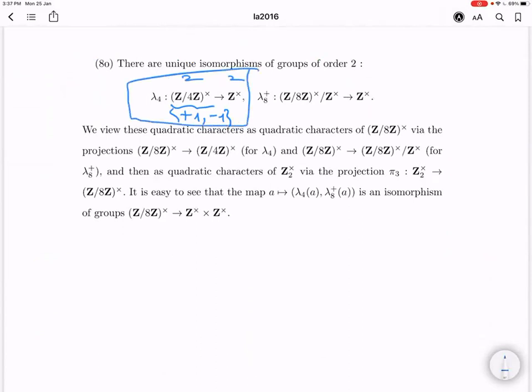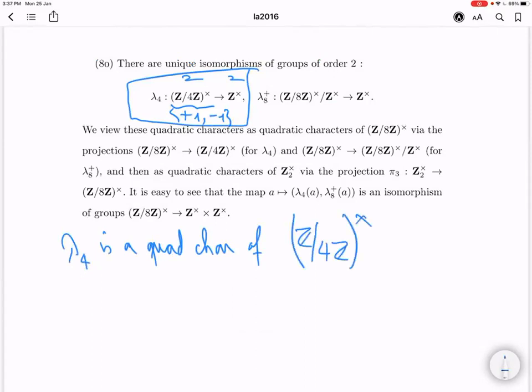Lambda_4 is the bijection from here to here. And so lambda_4 is a quadratic character of (Z modulo 4Z) star, and therefore I can consider it as a quadratic character of Z_2 star as well, because from Z_2 star I have this surjection to (Z modulo 4Z) star.